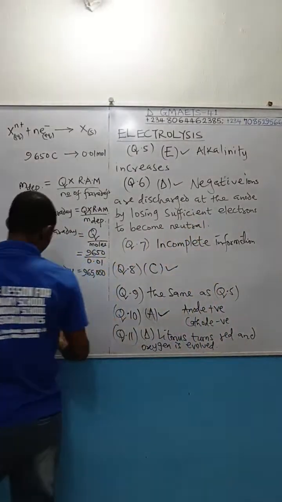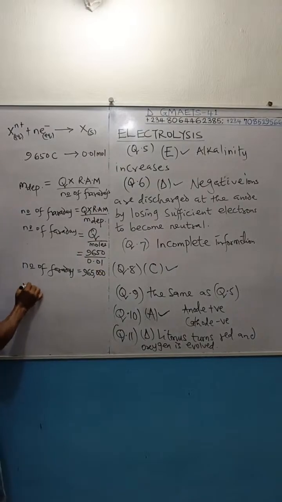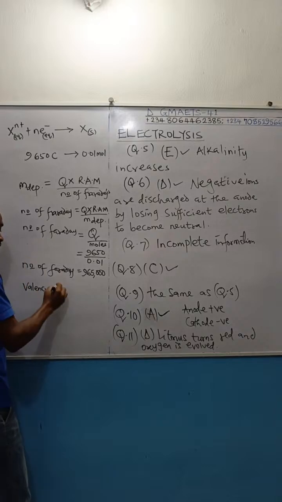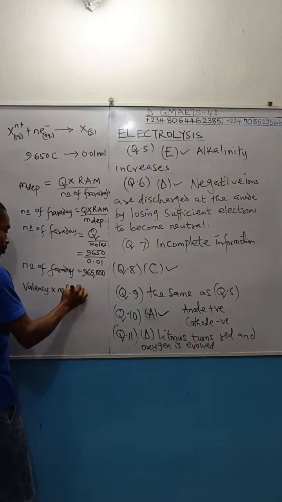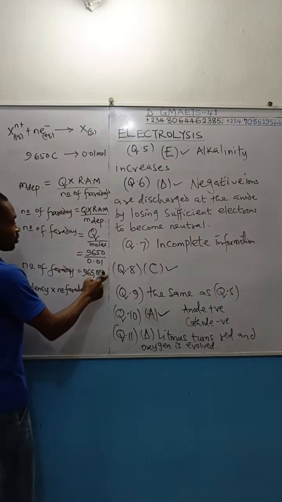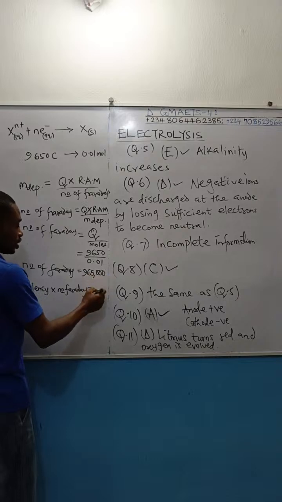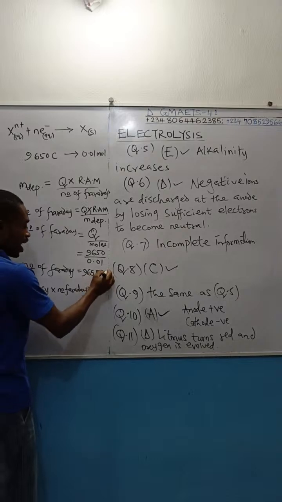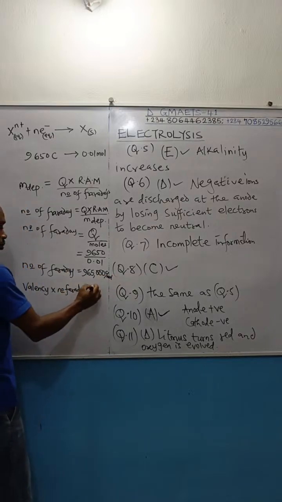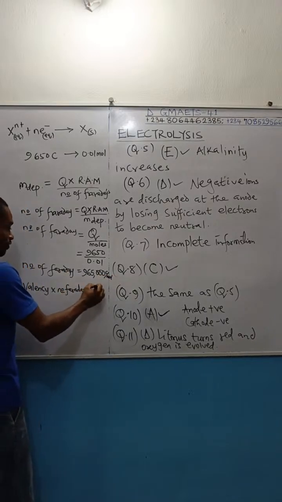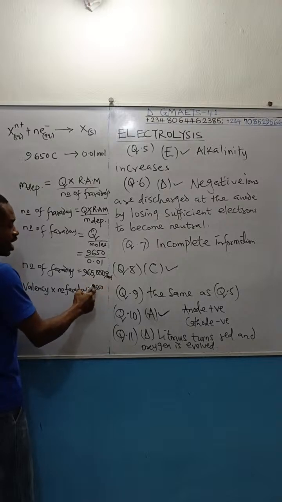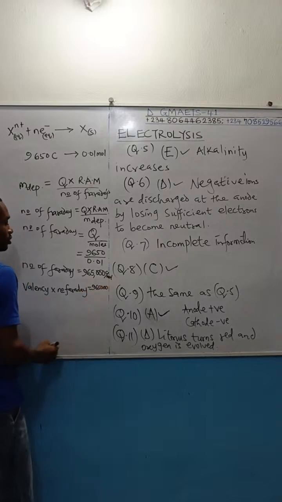So I can now say that valency times number of Faraday is equal to the total quantity given here, which is in coulomb per mole as a unit, which is going to be 96,500, right? 965,000.